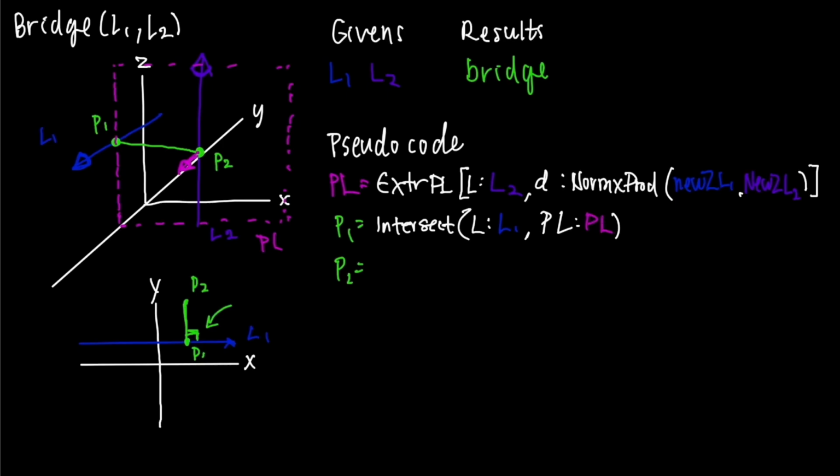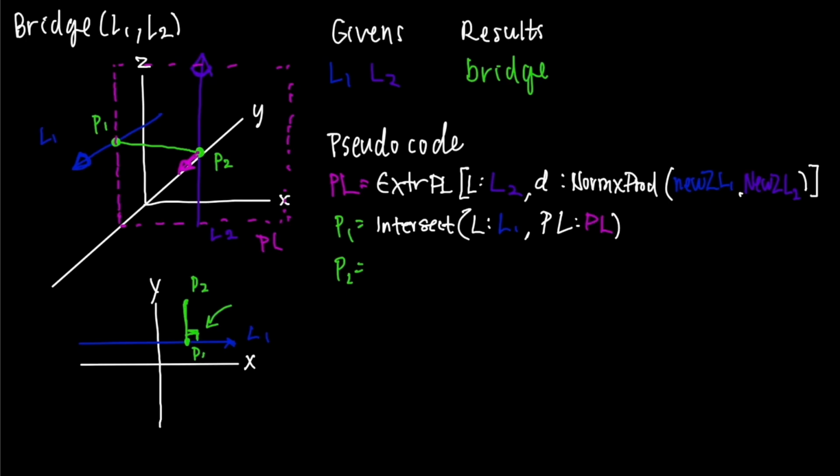Technically, we could do the same thing for our second point P2, right? Well, yes, but that would mean we'd have to extrude yet another plane and find the intersection. Let's revisit the core of the problem, finding the shortest bridge between the skew lines, which are defined by the points on the lines closest to each other. Doesn't that sound familiar? It should.